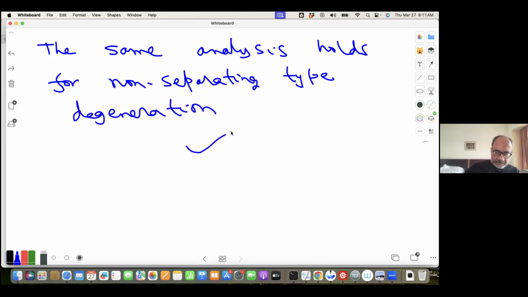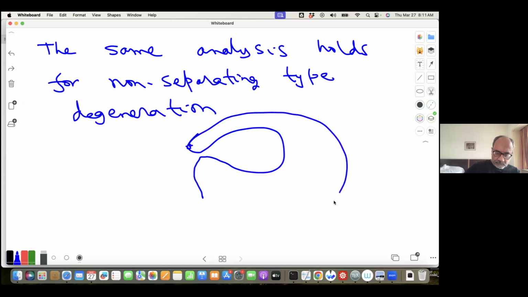When the neck of sigma pinches, the only difference is that here the two punctures that are generated by this neck pinching are on the same surface instead of being on different surfaces.